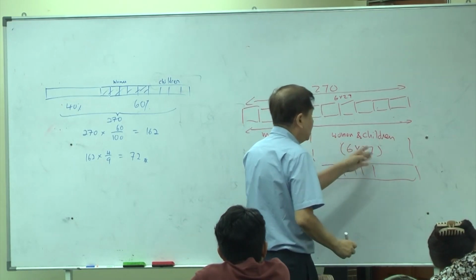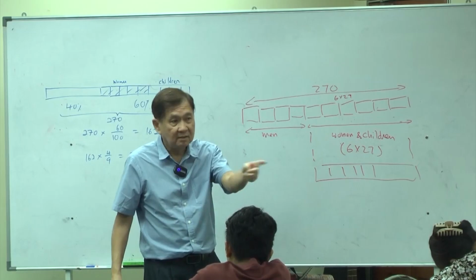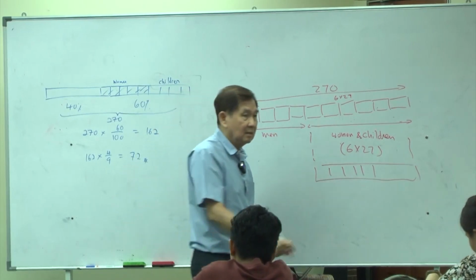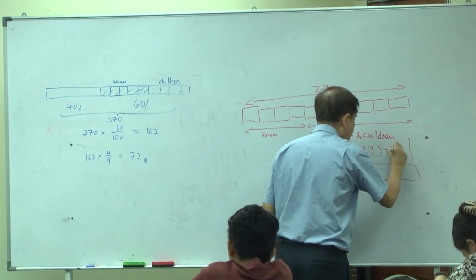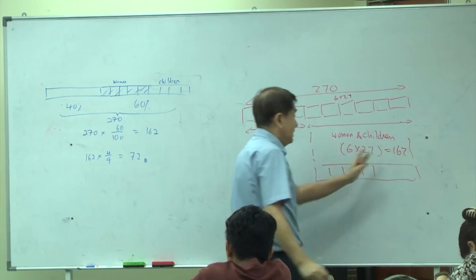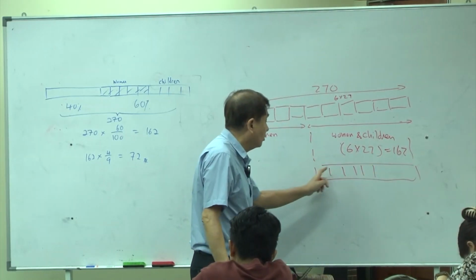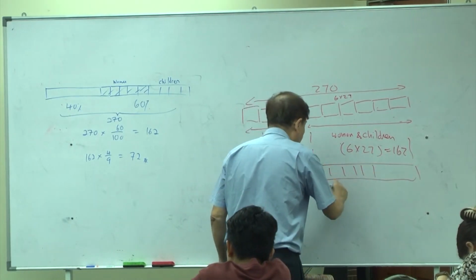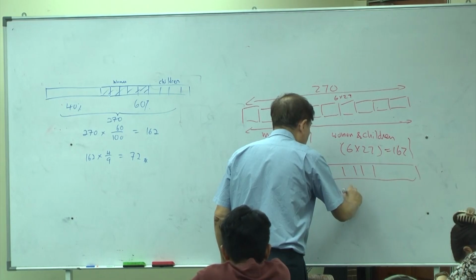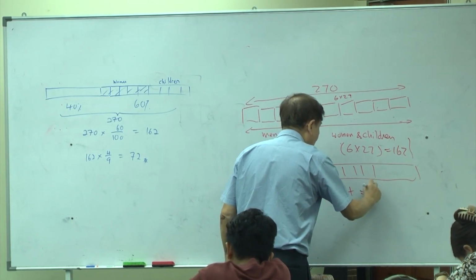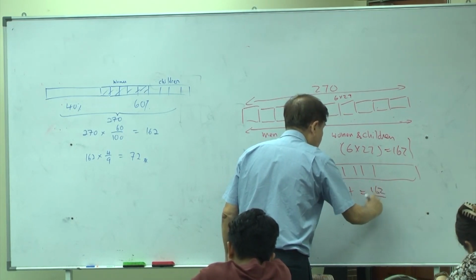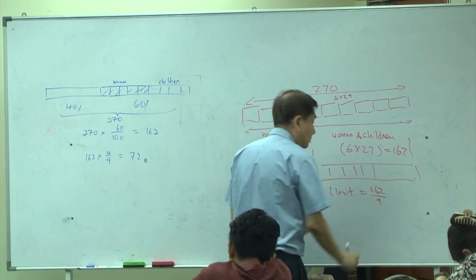So in other words, 6 times 27 is what? Who can tell me the answer? Quick. 162. So this equals 162. So altogether they will have what? 1 unit must be equal to 162 divided by 9. Am I right to say that?